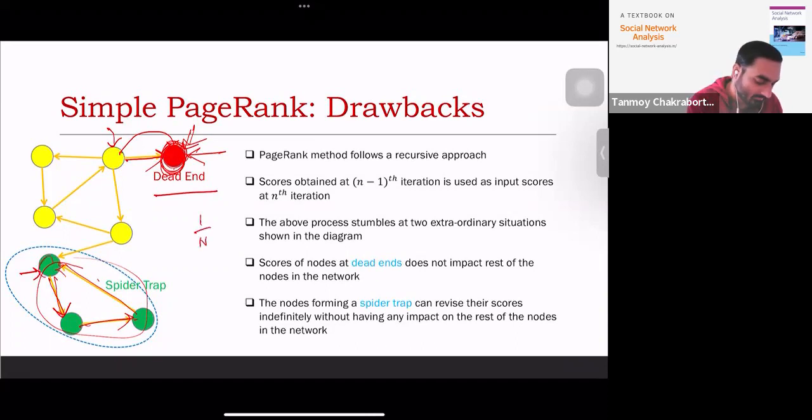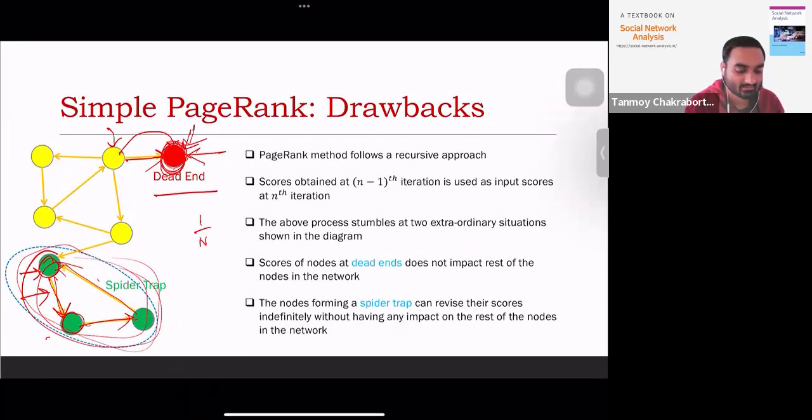Similarly, when he is trapped within the spider trap, there is some non-negligible probability that the random walker can get out of this spider trap and move to some other node. So this is the idea.